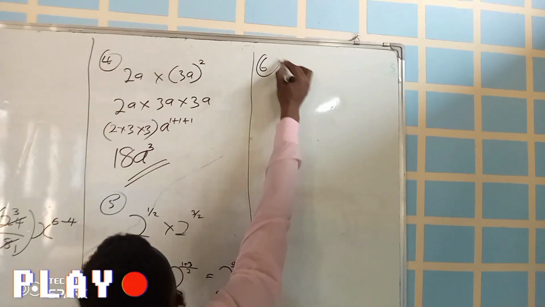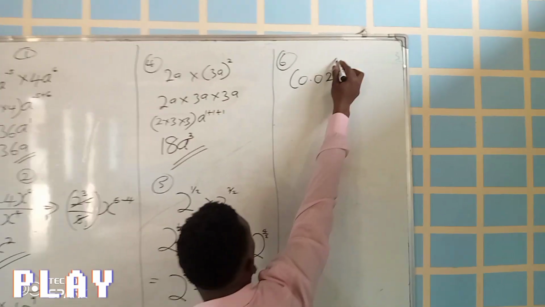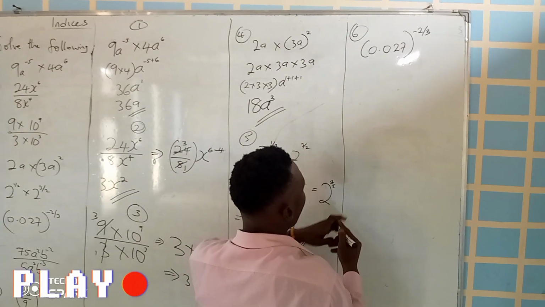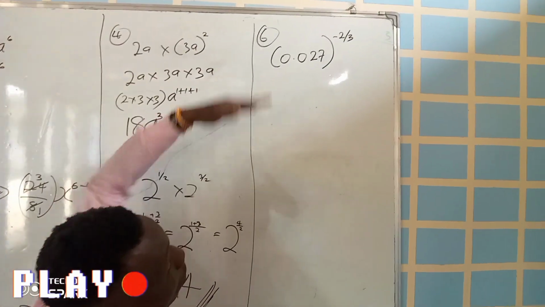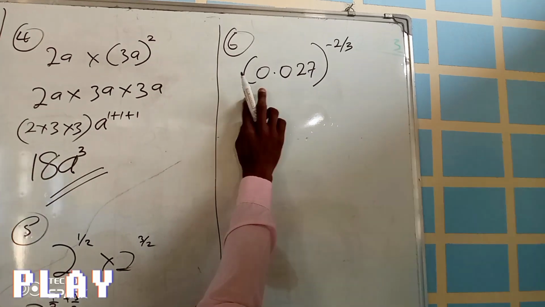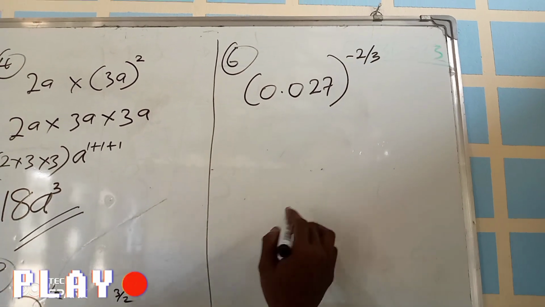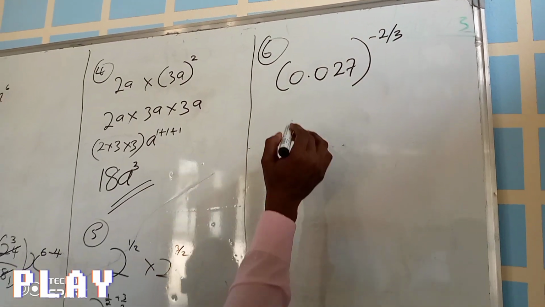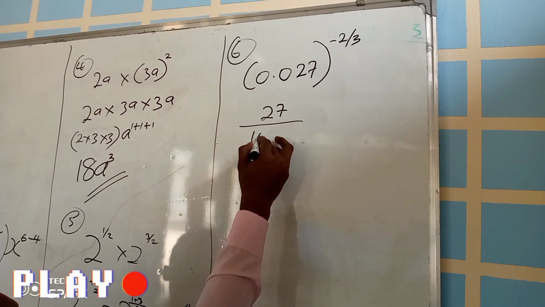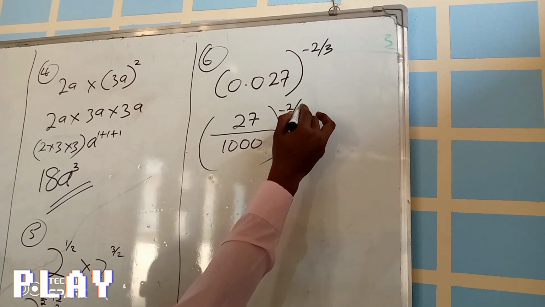Alright, solution 6. We have open bracket 0.027 close bracket to the power of minus 2 over 3. We have the inverse, which is the minus, and we have the fractional, which is 2 all over 3. The first thing I'll do is to express 0.027 as a proper fraction. 0.027 is the same thing as 27 divided by 1000, with our brackets, then minus 2 over 3.